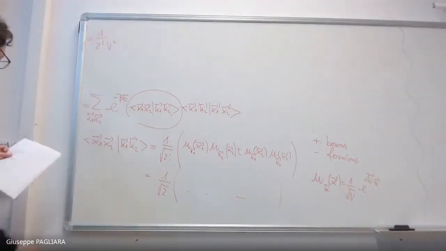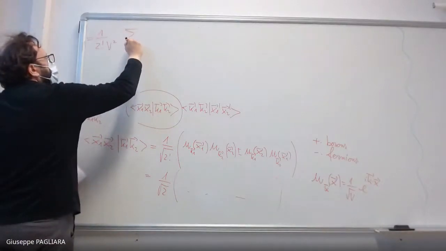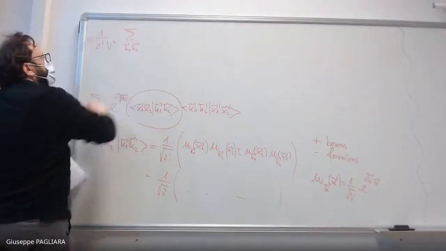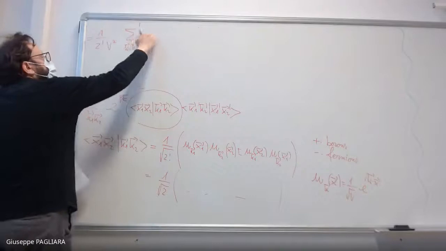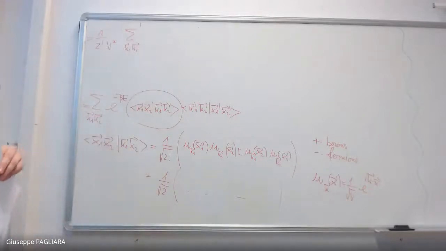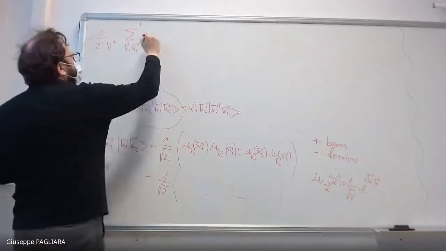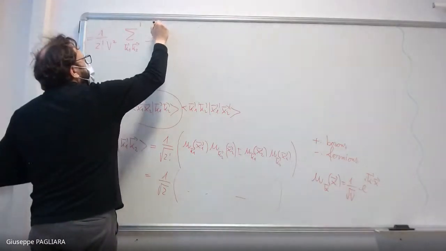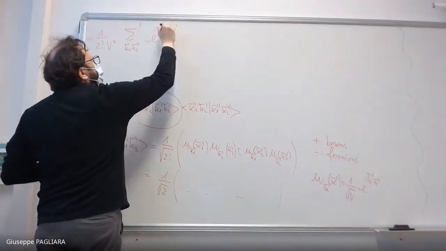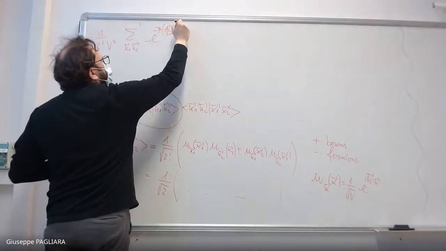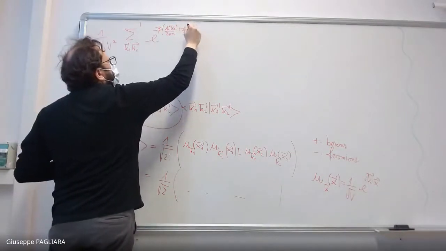Then I have the sum over K1, K2, and let me put here a prime, and I will tell you in a moment what this prime means. Then I have e to the minus beta times h bar squared K1 squared divided by 2m plus h bar squared K2 squared divided by 2m.